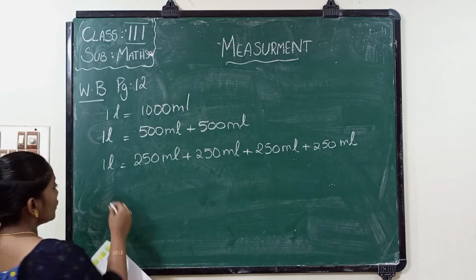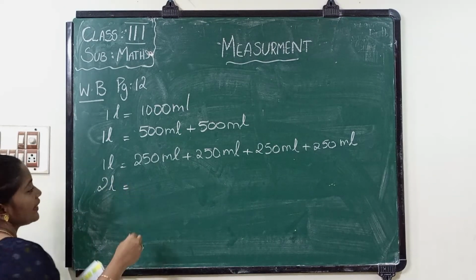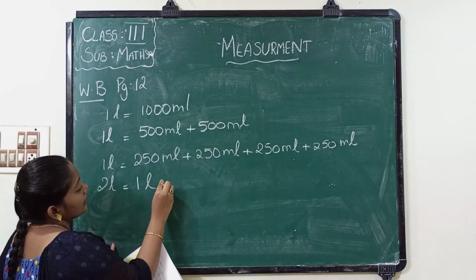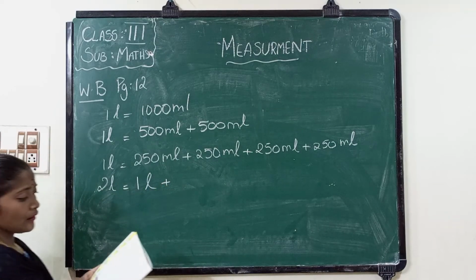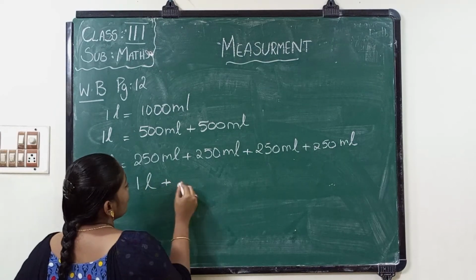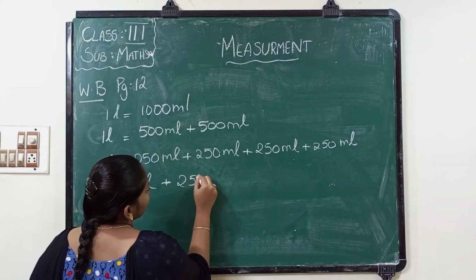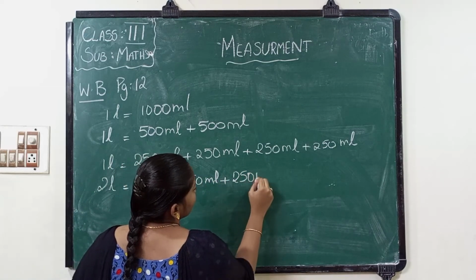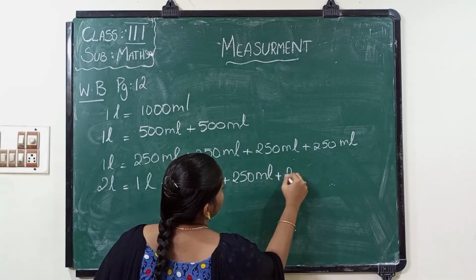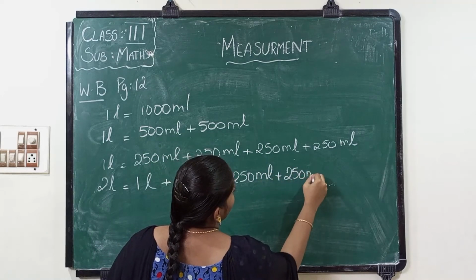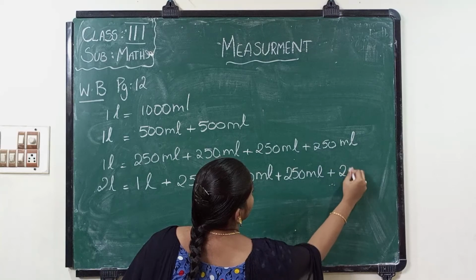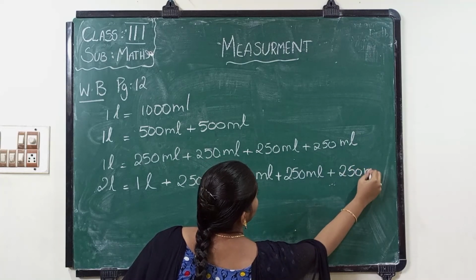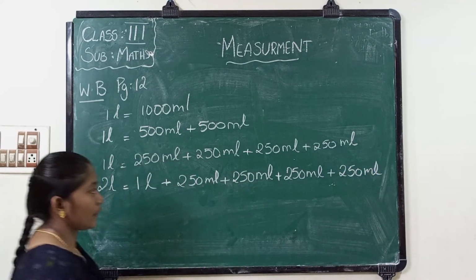2 liters. We can write it as 1 liter plus 250 ml plus 250 ml plus 250 ml and again 250 ml. Why?